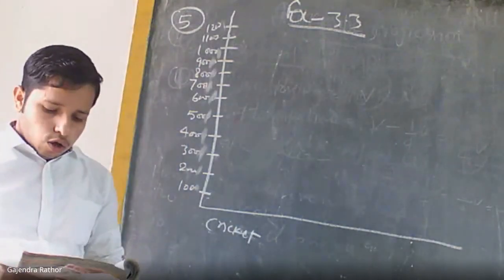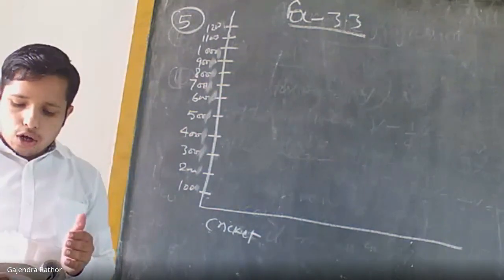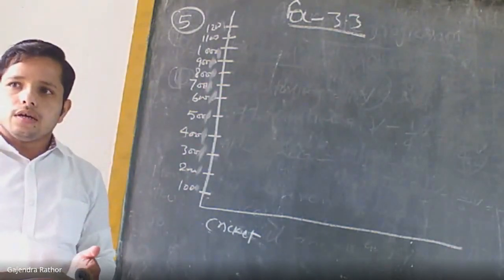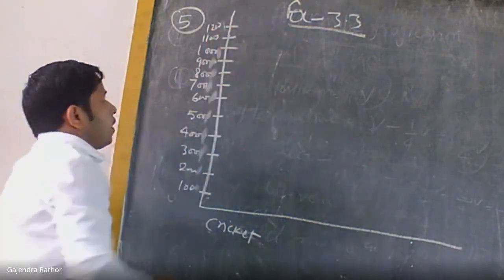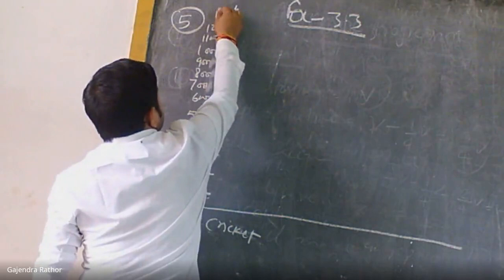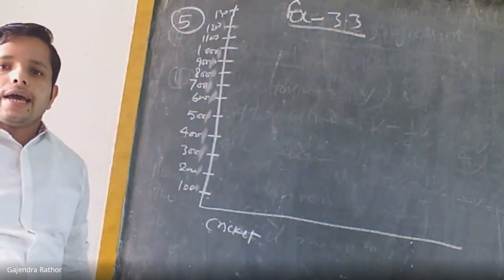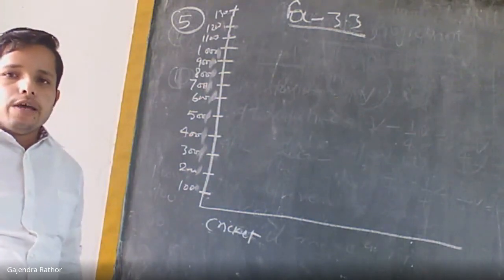The number of persons who are watching cricket is 1240. So draw a bar. There is no 1240 mark, so between 1200 and 1300 we can mark 1240 by using the scale.